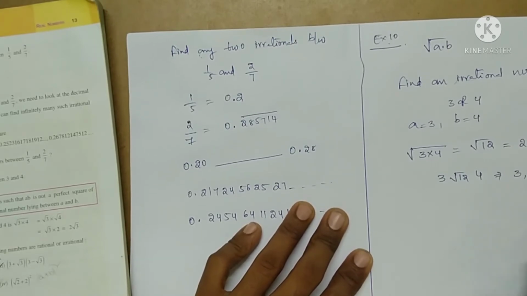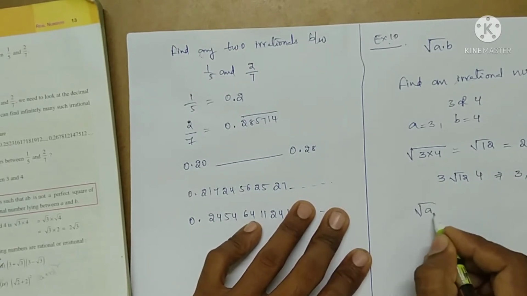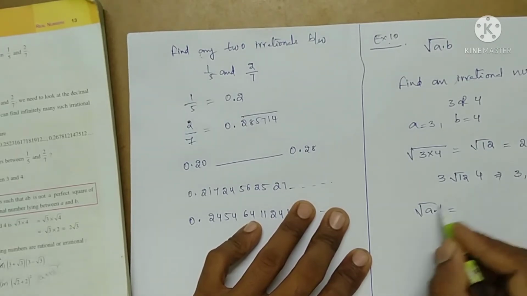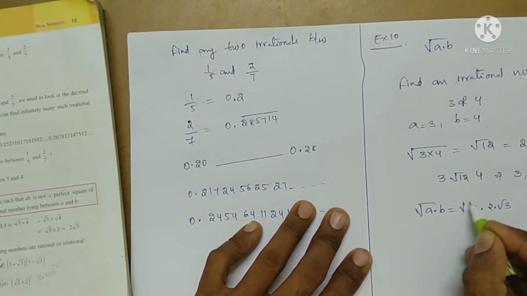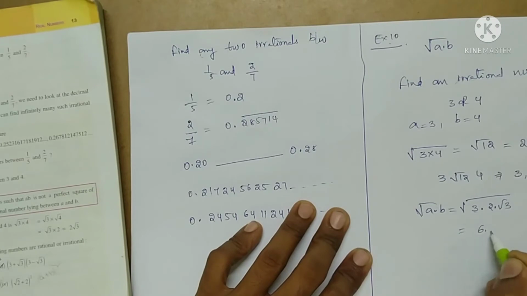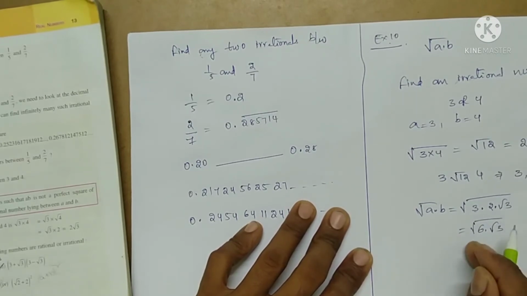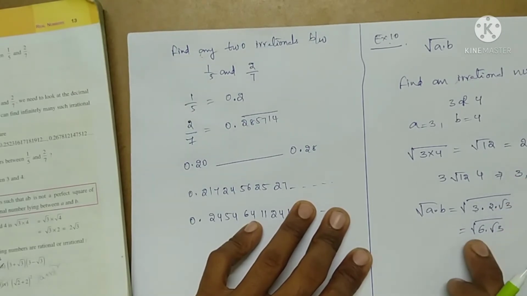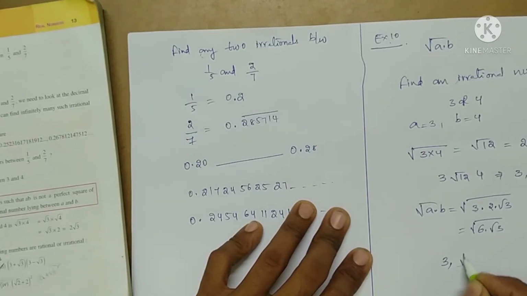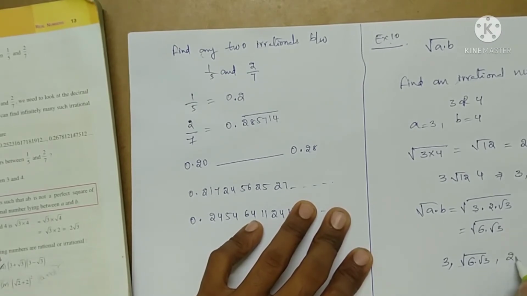Next, again the irrational number between 3 and 2 root 3 is the square root of a into b. Here a is equal to 3 and b is equal to 2 root 3, so the square root of 6 root 3. So we have 3, square root of 6 root 3, 2 root 3, 4.